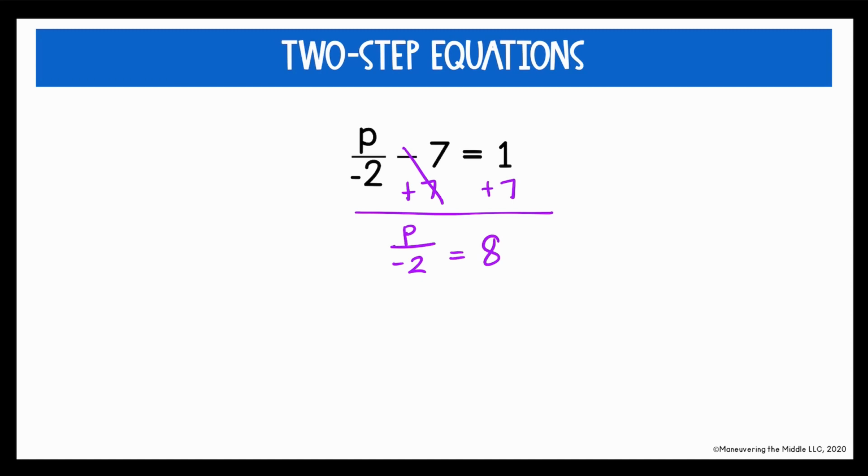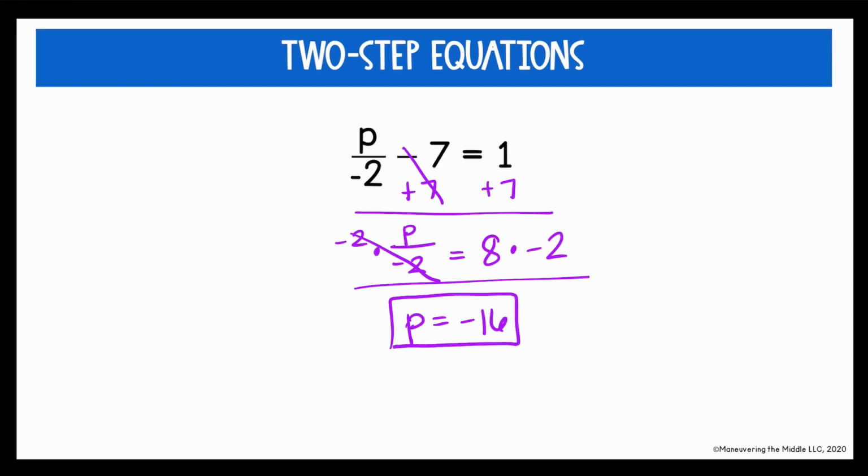The inverse of dividing by -2 would be to multiply by -2. This leaves me with p equals -16. Because p is by itself, we have finished solving the equation, and if you want to check your answer, go back and substitute it back in the original equation.